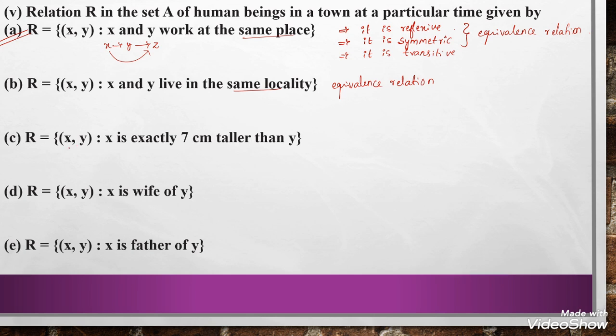Now, third condition, the relation is x comma y such that x is exactly 7 centimeters taller than y. So the reflexive condition is not possible.